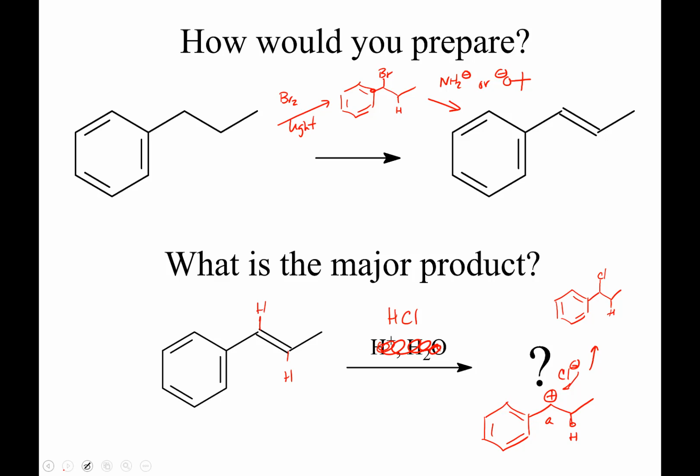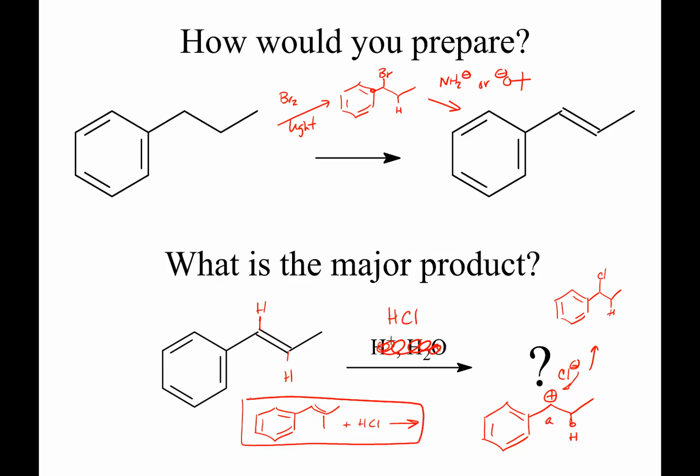And what I should probably not do is say, because you'll probably see this in some of the homework problems, what if I want to test the stability of a secondary benzylic versus a tertiary carbocation?